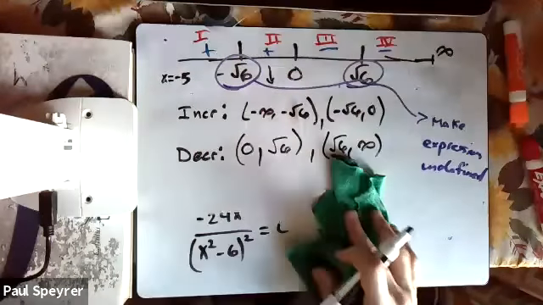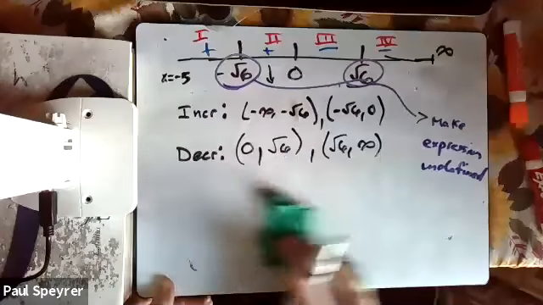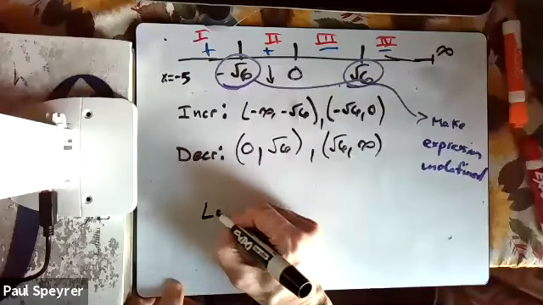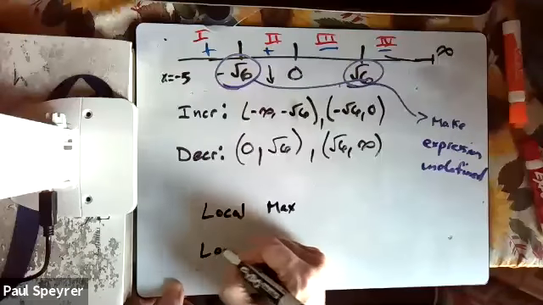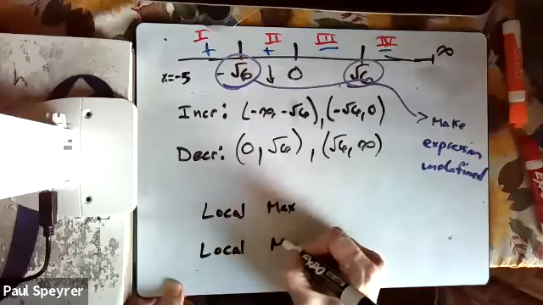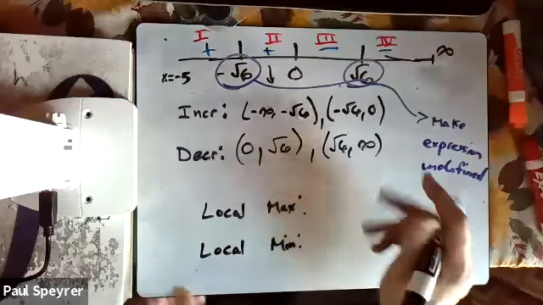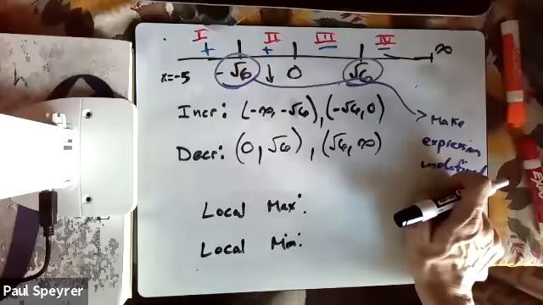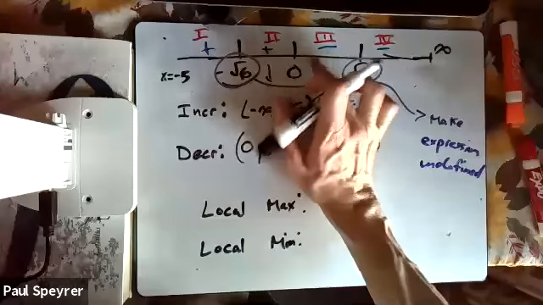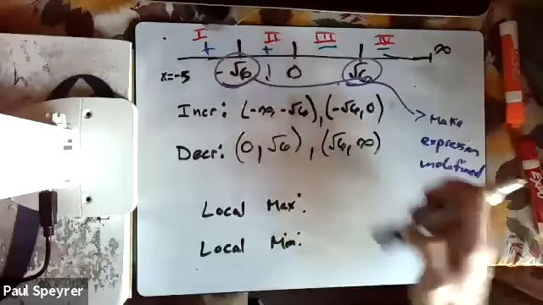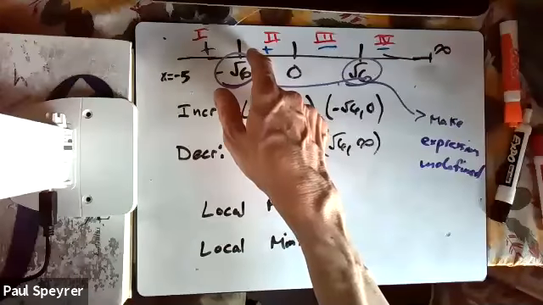Now, what about the local max or min? So remember, local maxes or mins happen where you have sign changes from positive to negative, or negative to positive. Well, we have plus plus, so nothing's happening there.